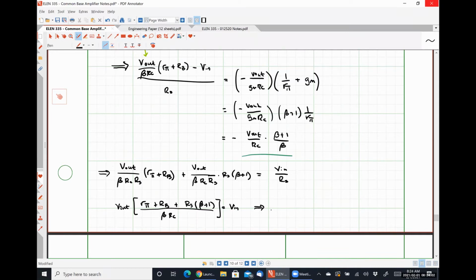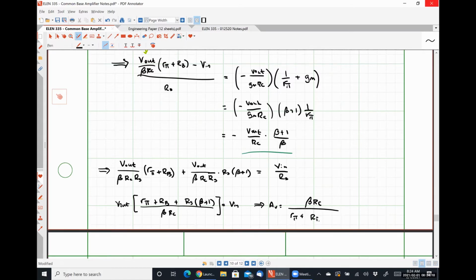And then from this, I can see that my voltage gain is simply the reciprocal of that large fraction there. Beta RC divided by R pi plus RB plus RS times beta plus 1.